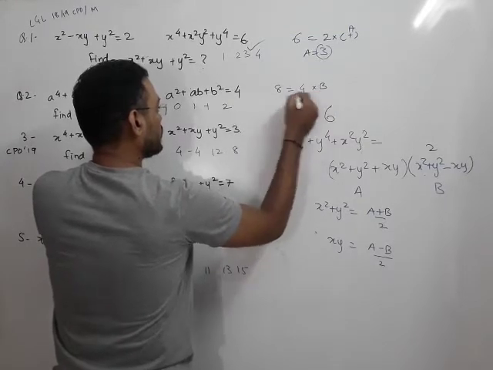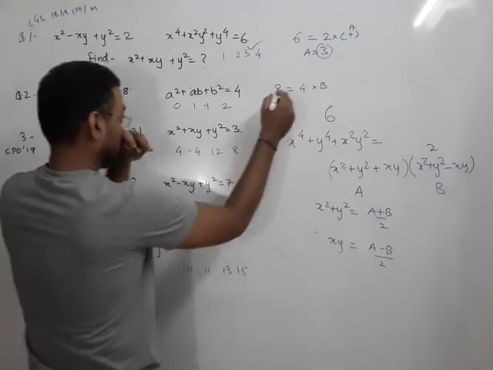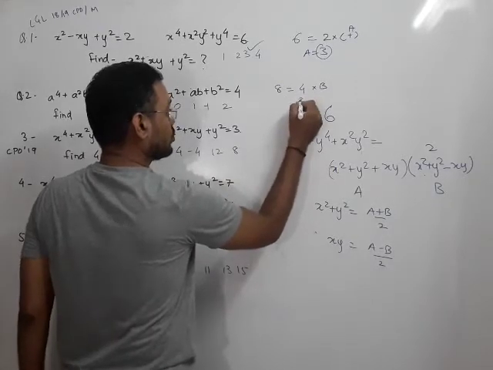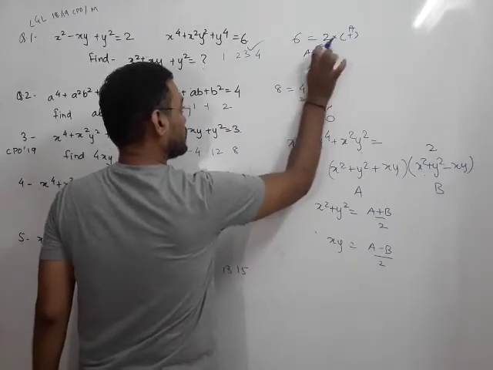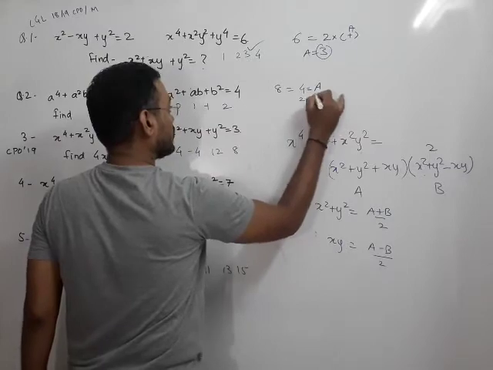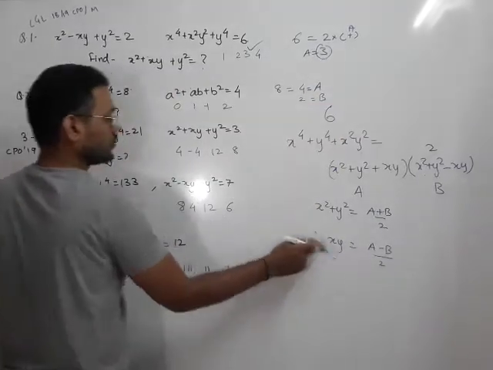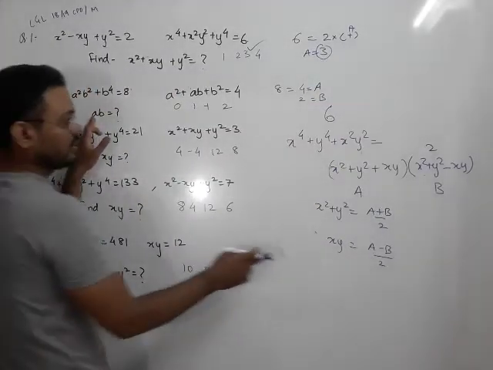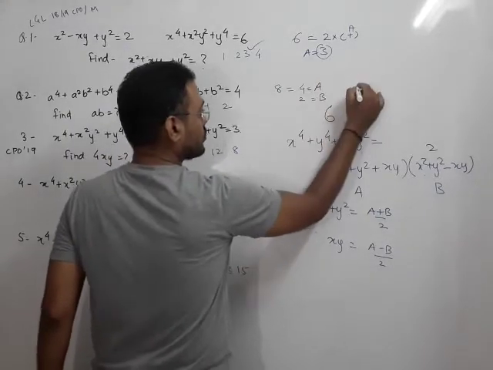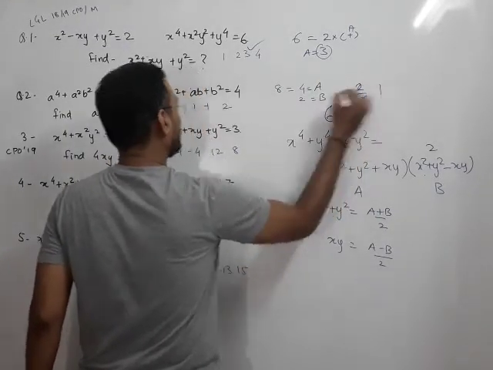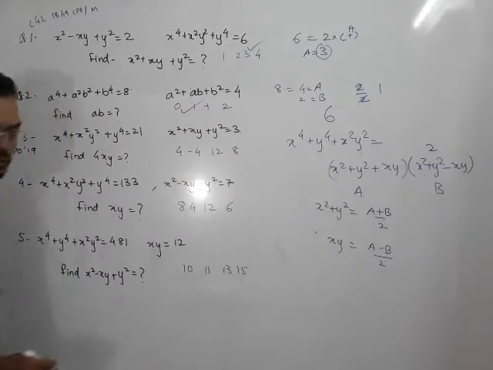So my B minus term is 2. So A is 4, B is 2. What is xy? A minus B by 2. So 2 upon 2, 1 is your answer.